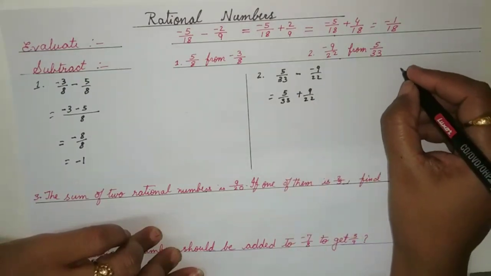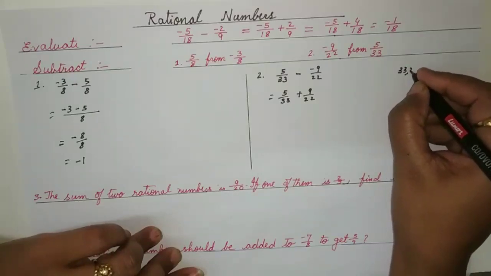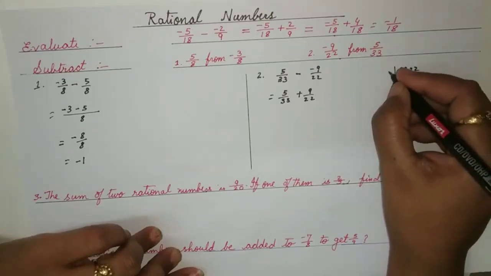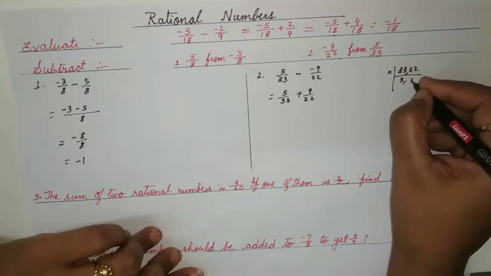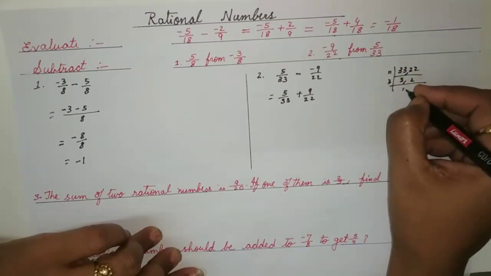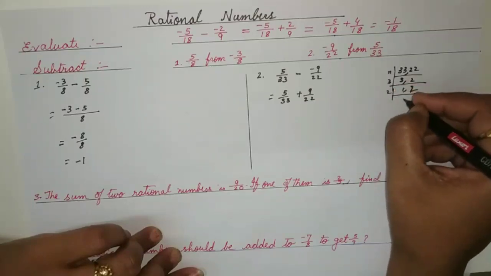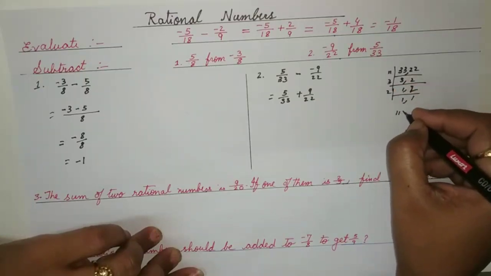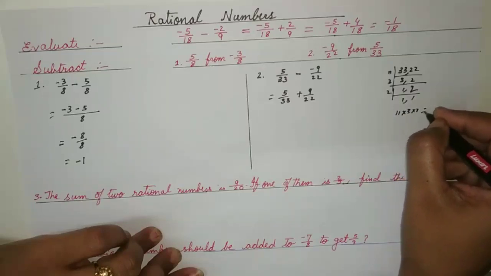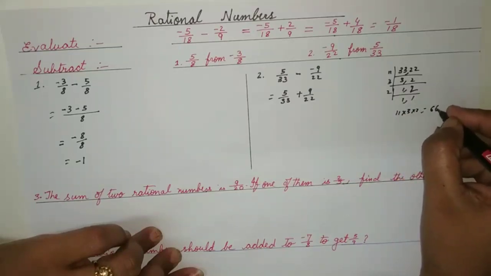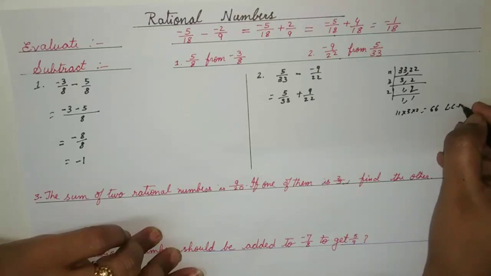What is the LCM of 33 and 22? With 11 you get 3 and 2. With 3 you get 1 and 2 here. And with 2 you get 1 and 1. So 11 into 3 into 2 is equal to 66, which is the LCM.